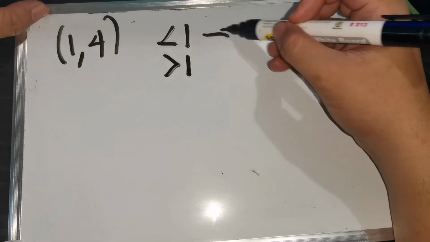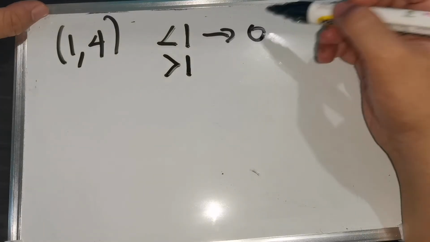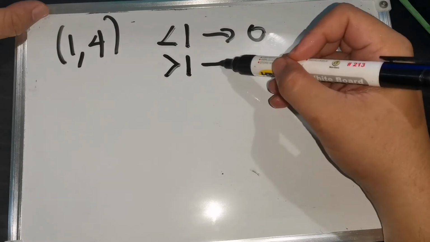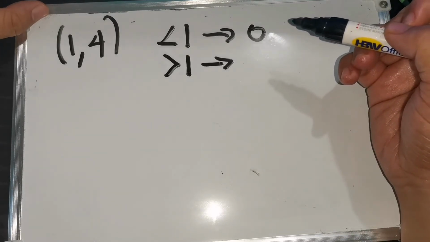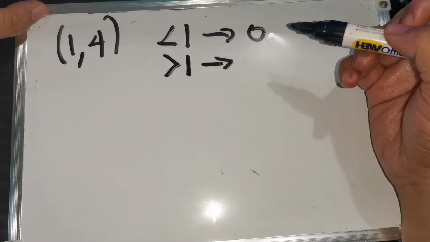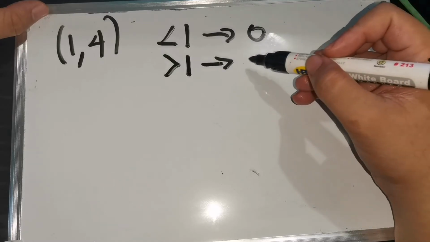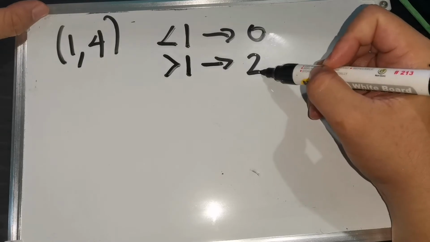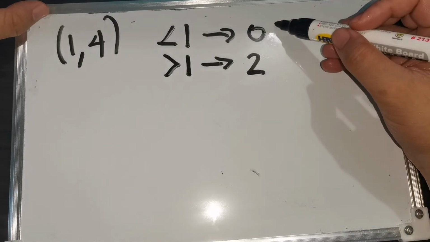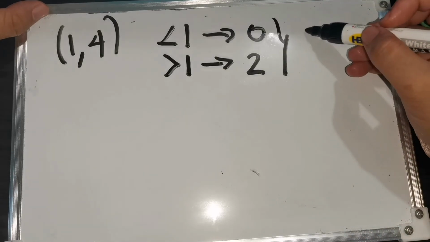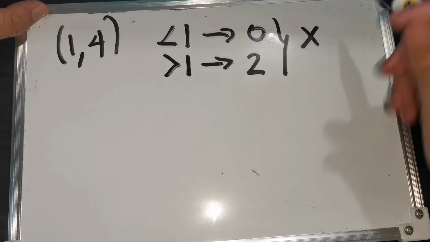That will be equal to 0. Next thing to do is to find the number which is greater than 1 and next to 1. So that will be equal to 2. So let's try to use this 0 and 2 as a value of your x.